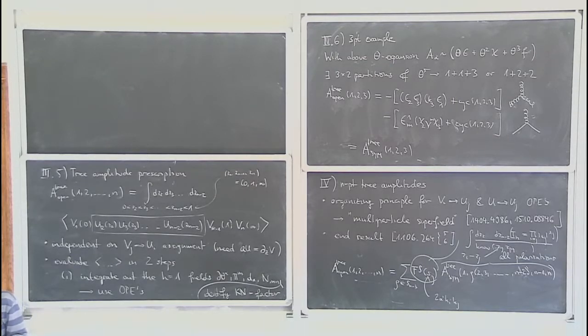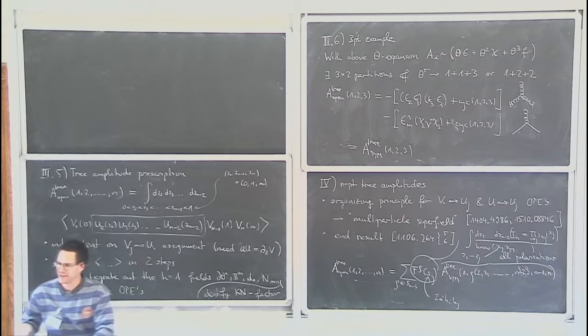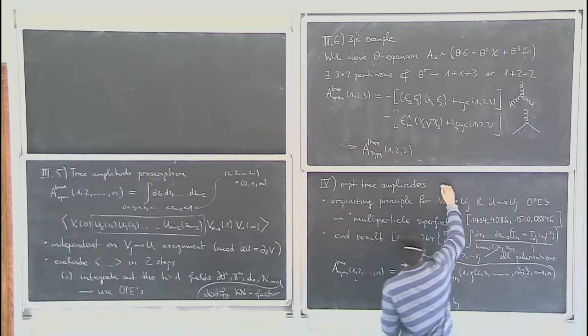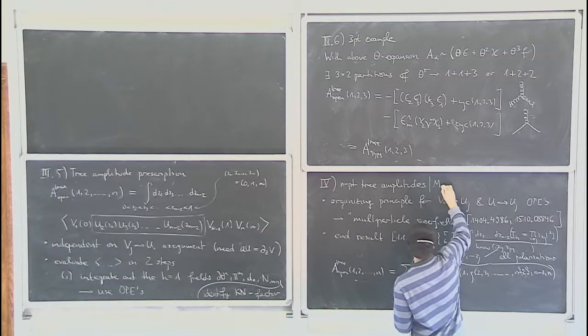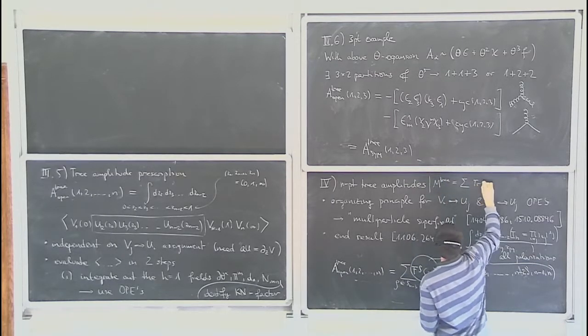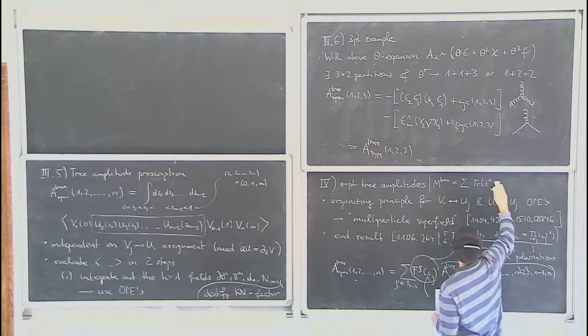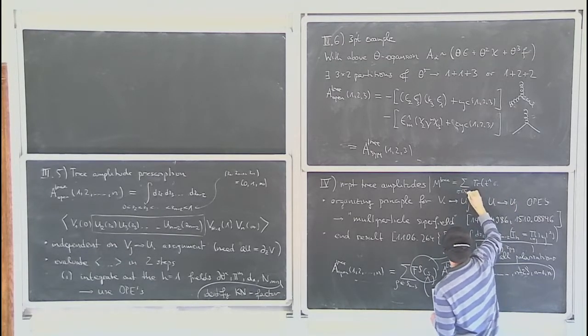This is just the permutation of n-3. Oh, I'm not sure whether I agree. You sound like you have in mind the formula to get the color-dressed tree amplitude. What you do is you sum over all cyclically inequivalent traces. Okay, and indeed you need permutations of n-1 legs here.